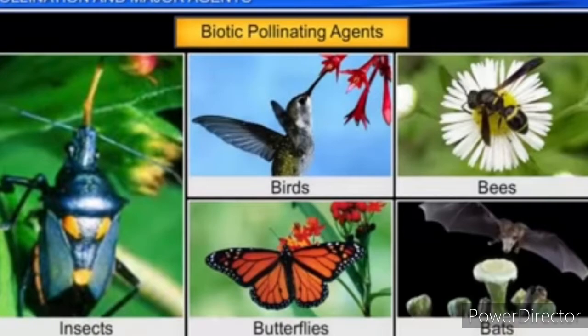Insects, bees, butterflies, bats, moths, and animals like squirrels and reptiles are some of the biotic pollinators. Flowers of biotic pollinated plants are specifically adapted for a particular species.